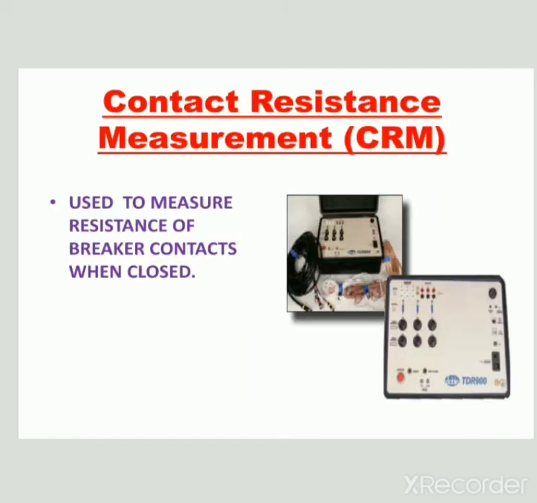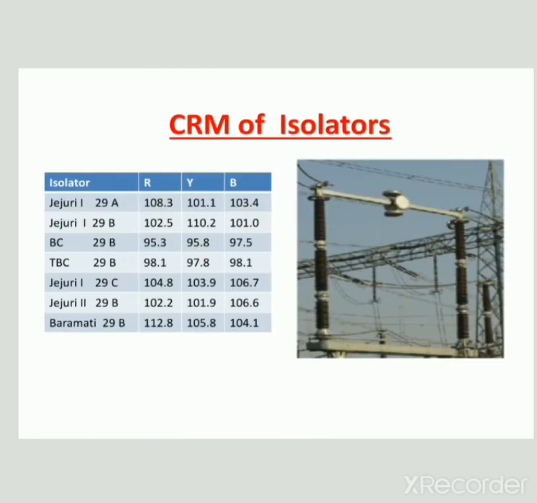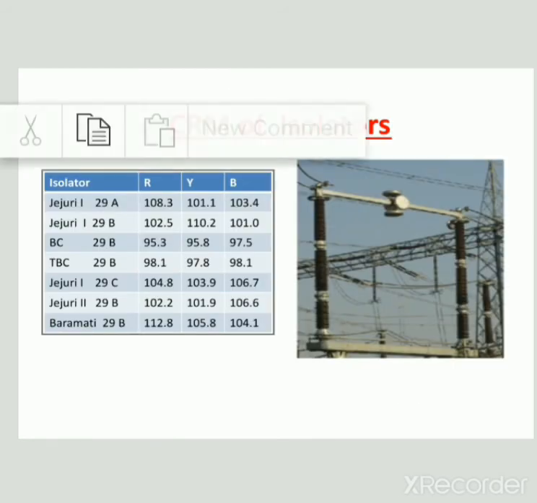Next is contact resistance measurement, also called CRM in short. This measures the resistance of breaker contacts when the breaker is in the closed condition. Next is the CRM of isolators. In different locations the CRM of isolators is used.